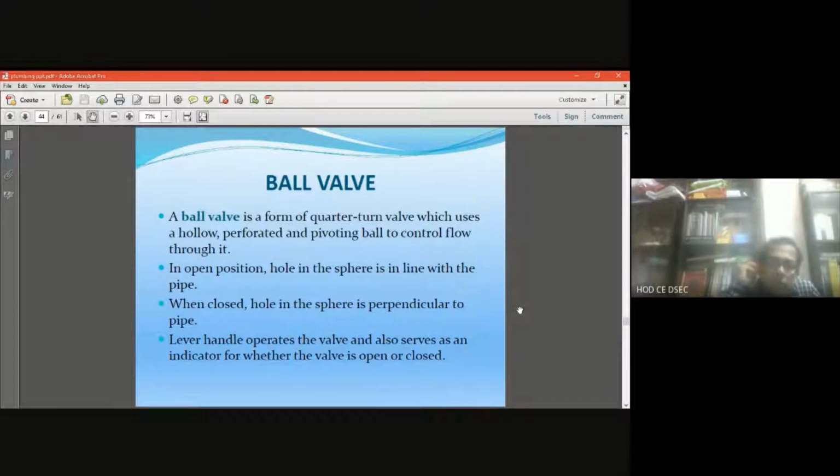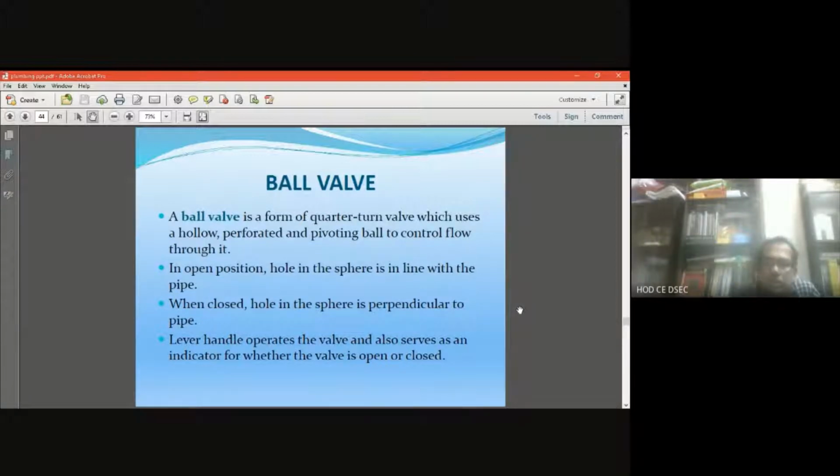If we want to obstruct the flow, we make a quarter turn by lever. When closed, the hole in the sphere will be perpendicular to the pipe. That means towards the direction of the flow, the opening will not be there. There is an obstruction by the ball and the flow will be closed. This operation is maintained in the ball valve.